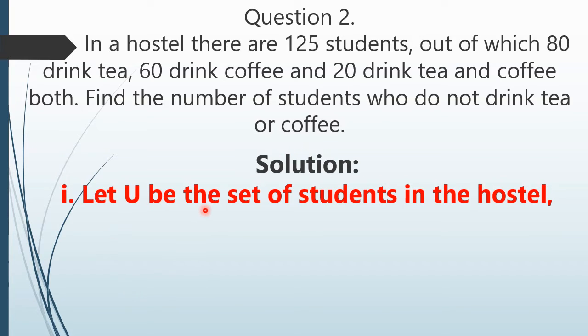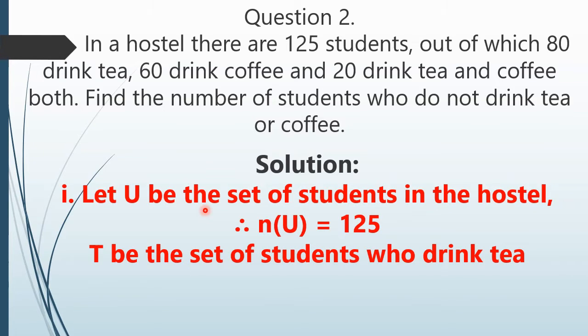Let U be the set of students in the hostel. So number of element in set U is equal to 125. T be the set of students who drink tea. So number of element in set T is equal to 80.